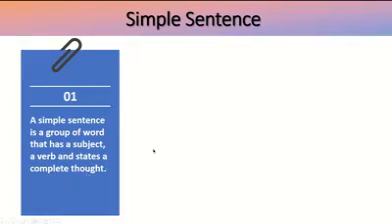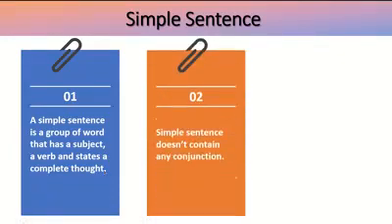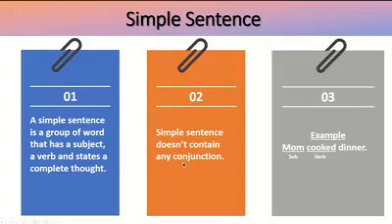I say again, a simple sentence is a group of words that has a subject, a verb, and states a complete thought. A simple sentence does not contain any conjunction.